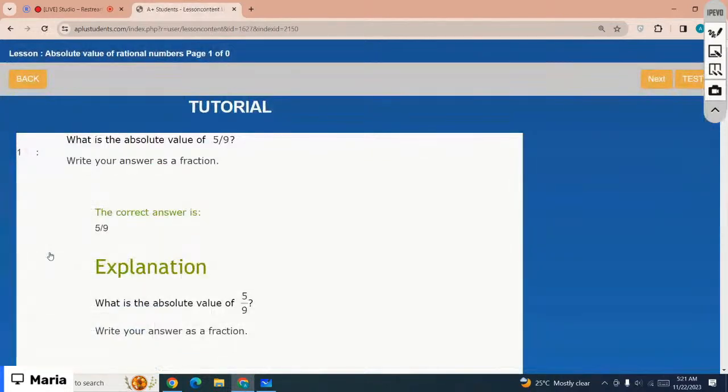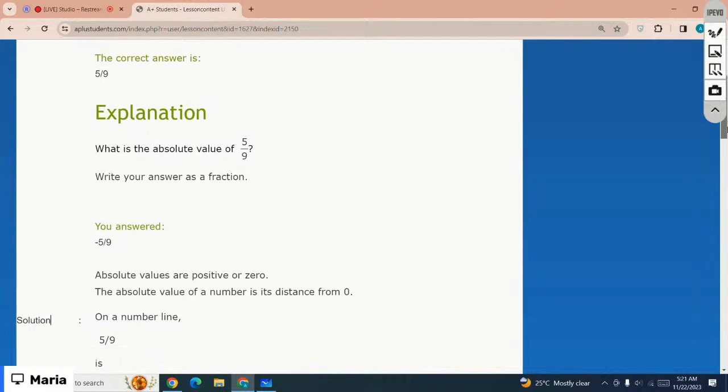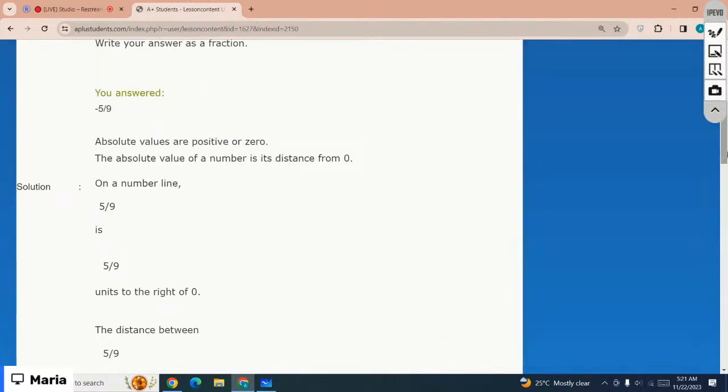Okay, what is the absolute value? Let me explain. Absolute value means the value that is always positive. No negative values are allowed. Absolute values are positive values or zero, right?